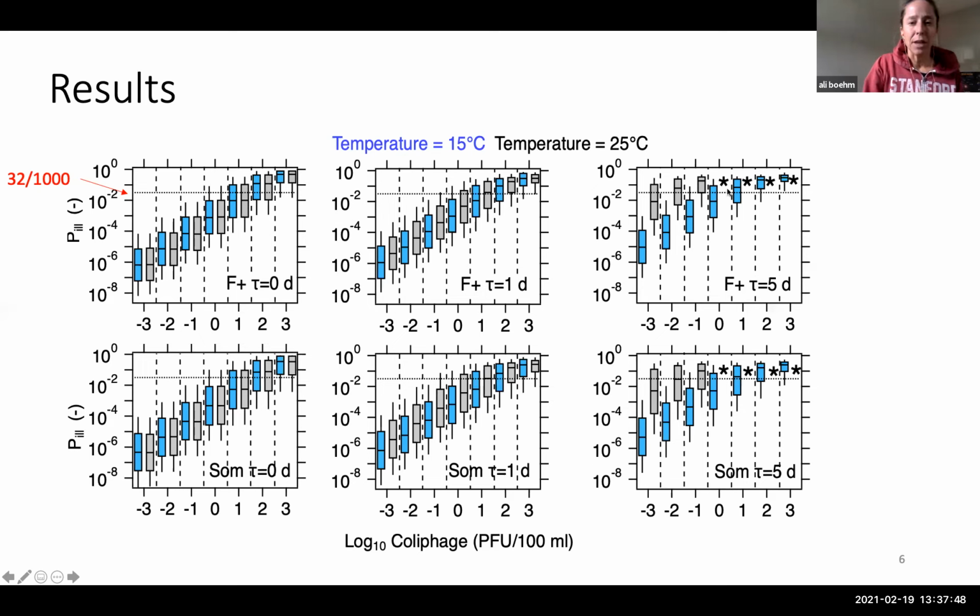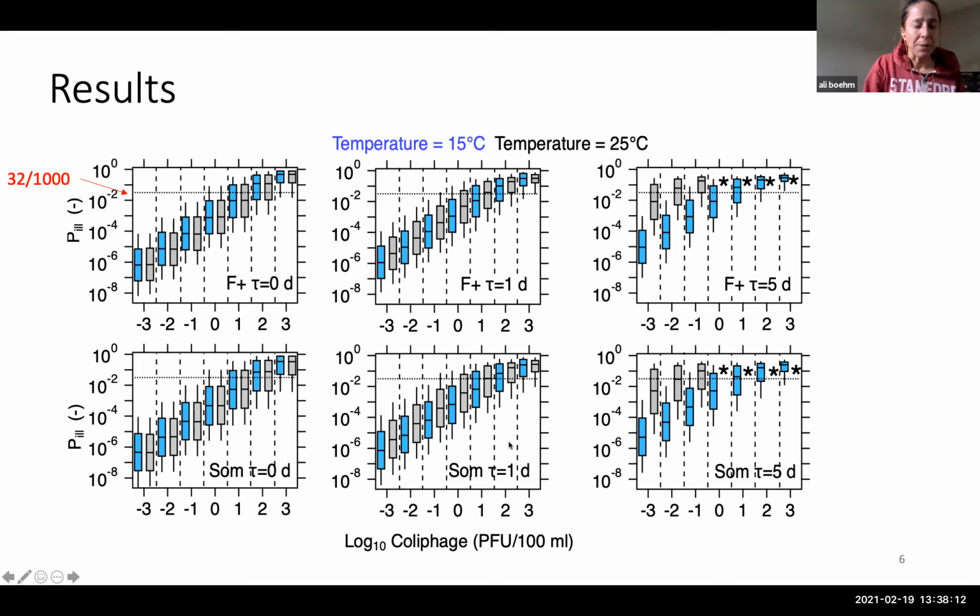In fact, according to the model, given the concentration of coliphage in sewage, you would never expect to measure a concentration of, say, 10 PFU per 100 mL after 5 days if sewage were the source of contamination, because it would have pretty much all decayed at that point and not be detectable.